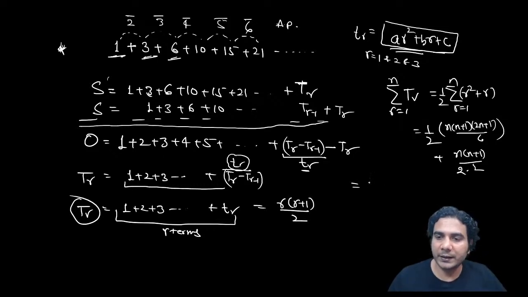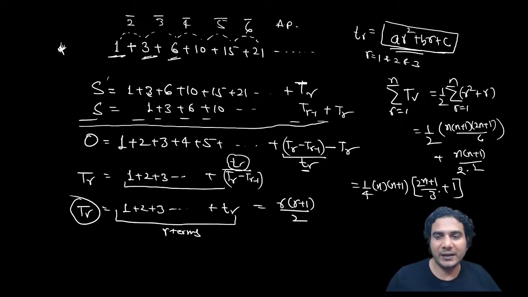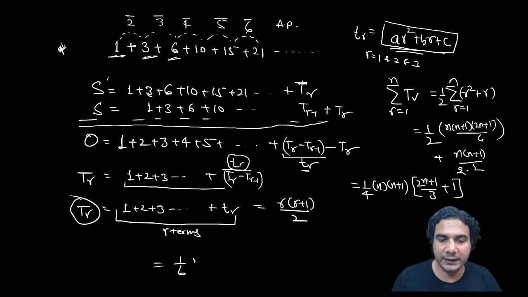If you simplify it, you can take 1 by 4 common, n into n plus 1 common, and what is remaining is 2n plus 1 by 3 plus 1. Finally, if you take the LCM, it is going to be 2n plus 4, then again 2 you can take common, so your final answer is going to be 1 by 6 n into n plus 1 into n plus 2.